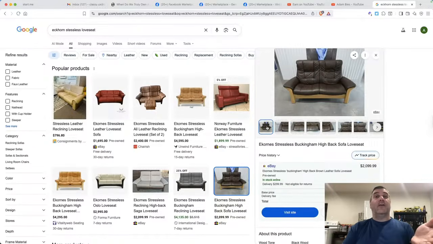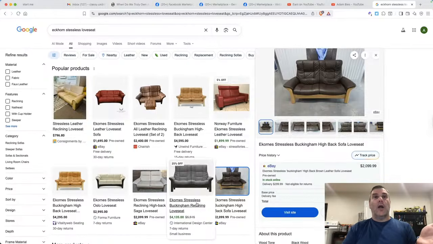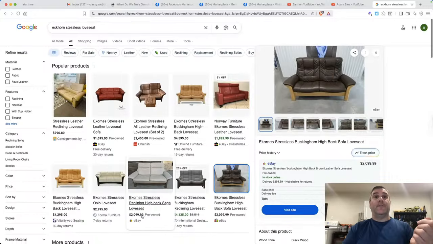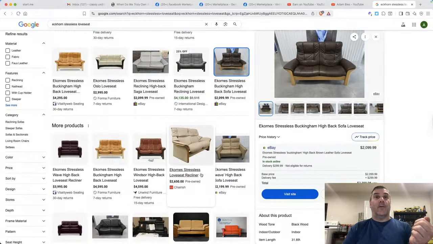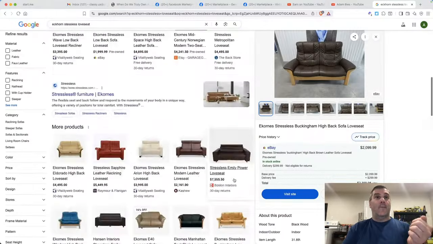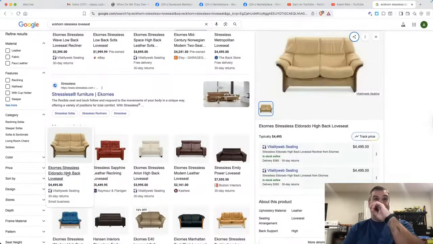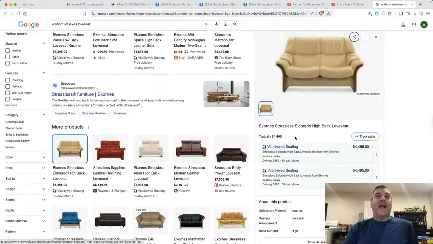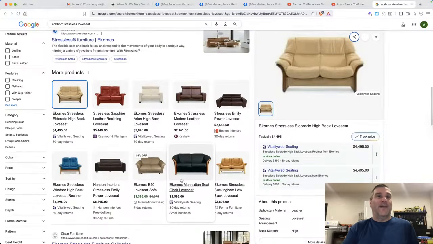These things used to be $2,000. Somebody had this listed on Facebook Marketplace for a brand new one of these. Looked brand new in the photos anyway. I'm trying to find one that looks exactly like it. Probably closest to that. These things are like $5,000 new. And I could have got one for $150.